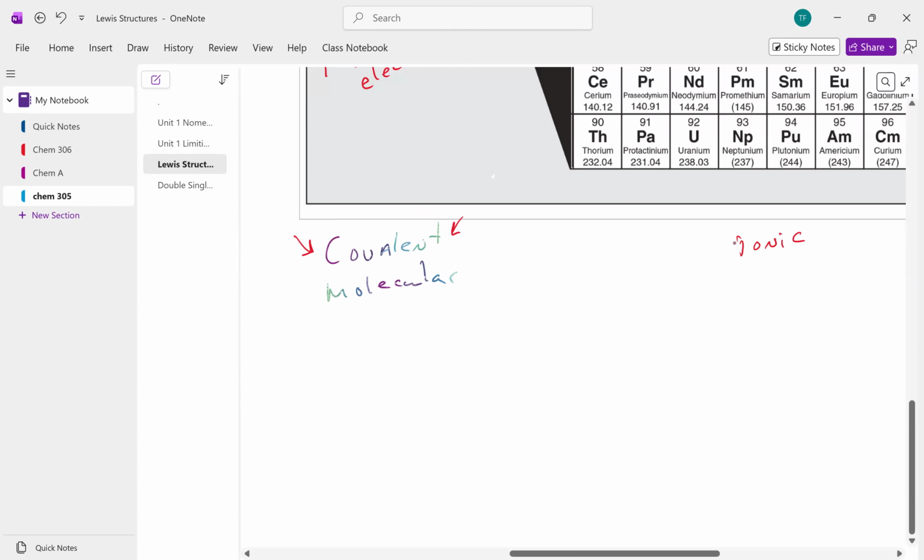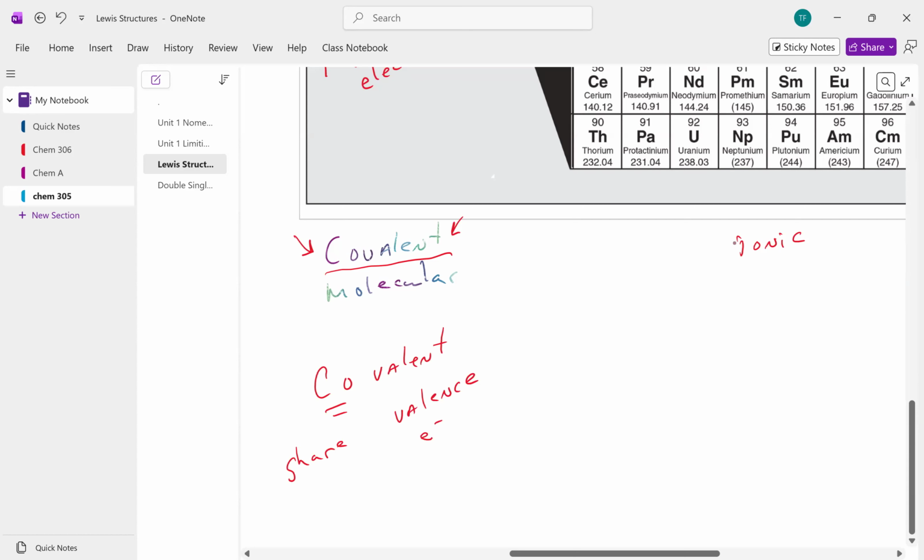Ionic means we have to deal with either one less electron or one more electron. Now, covalent means co, meaning share. Valent means valence. So a covalent bond shares valence electrons.